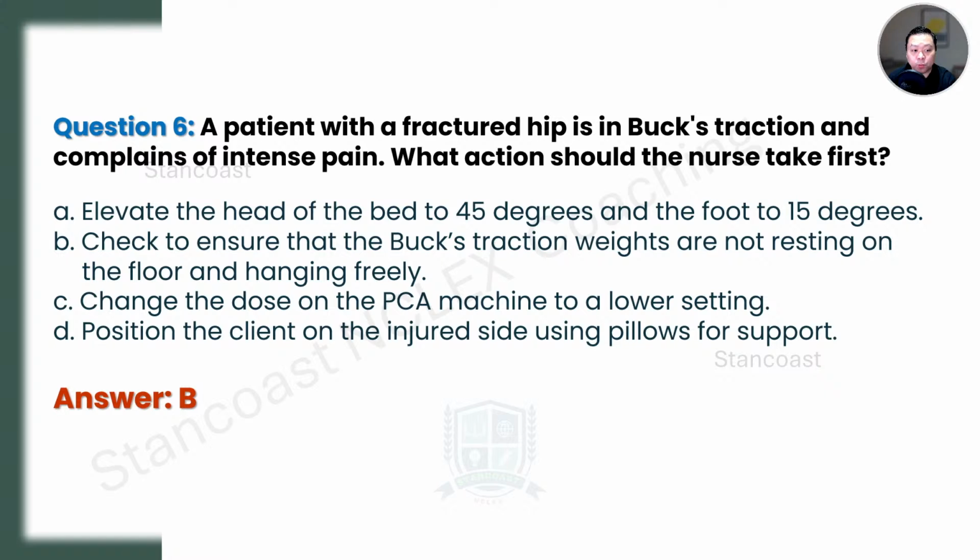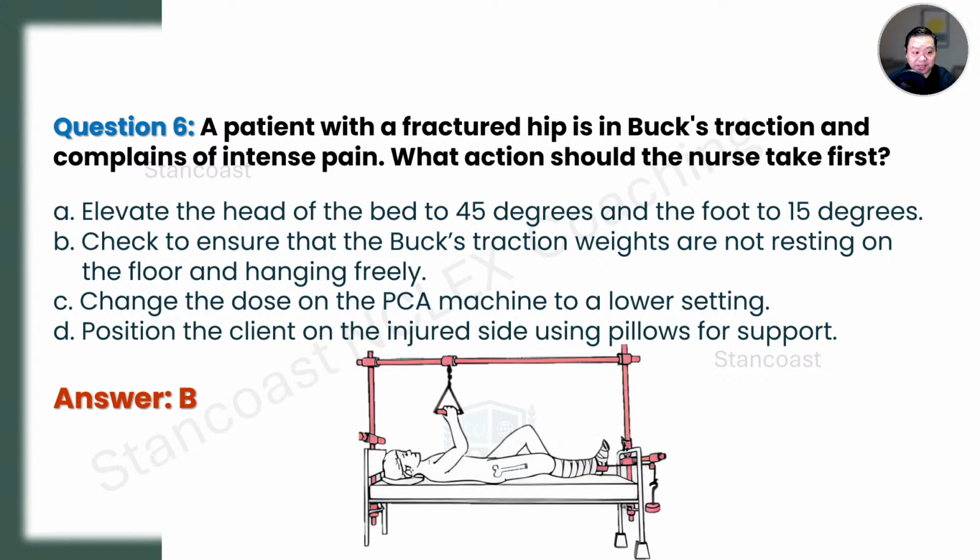Now, what is required in the box traction? You have to recall that this will involve the use of a boot device. This is to secure the traction. And then you should also make sure that the weights are connected to a pulley system right here and should be left to hang freely over the side of the bed.